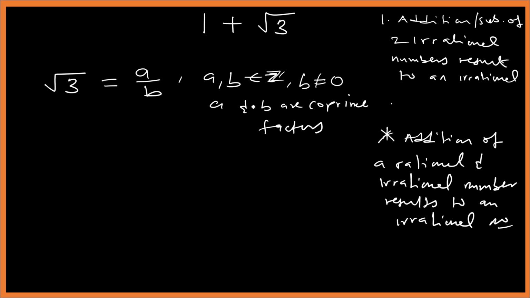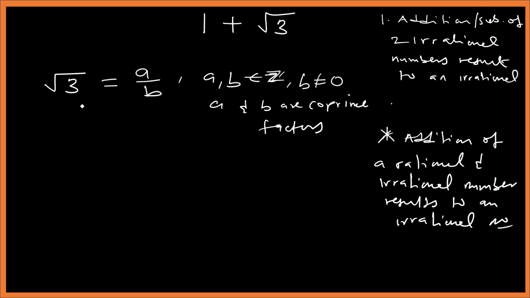That is the meaning of co-prime factors. So we are going to prove that root 3 is an irrational number. Once a and b get a common factor, it means that they are not rational, and therefore root 3 is an irrational. So let's get started.